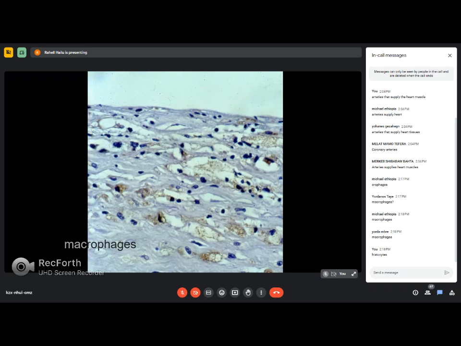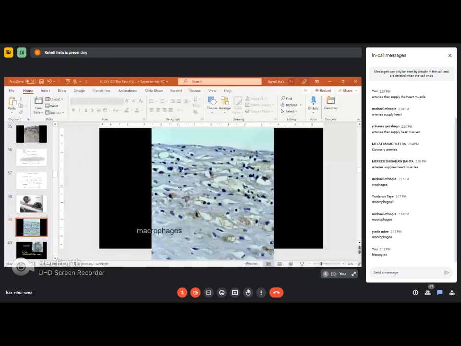And macrophages, what is their main function, or histiocytes? What is their mechanism of action in response to injury?